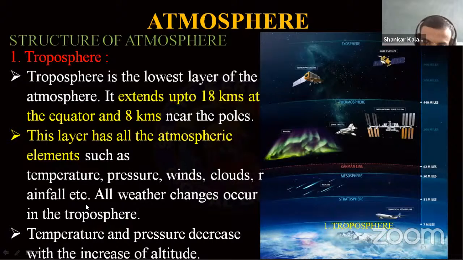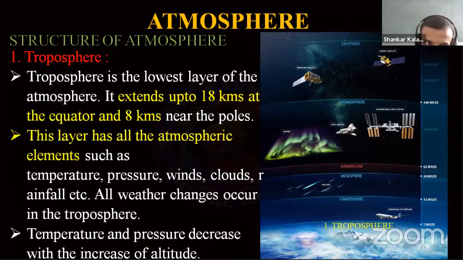Let us discuss individually all the layers or divisions of the atmosphere. First is the troposphere. It is very important because most of the living beings are found in this region. It starts from the Earth's surface and goes up to the stratosphere, spread over the Earth's surface.